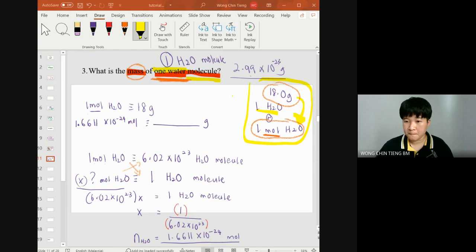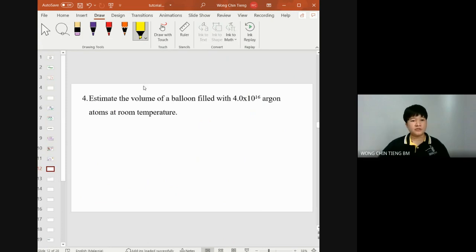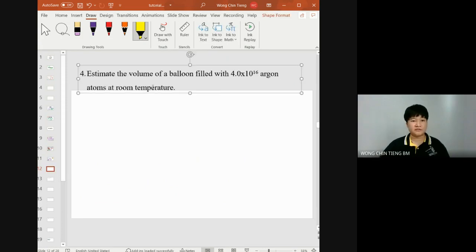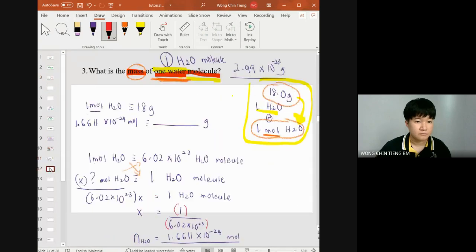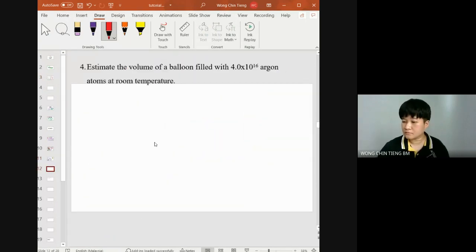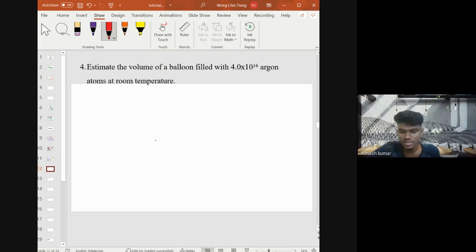Lagi? Dah. No rush? How do you find this question? What is your final answer for this question? 1.5947 times 10 to the power of negative 6 liter.